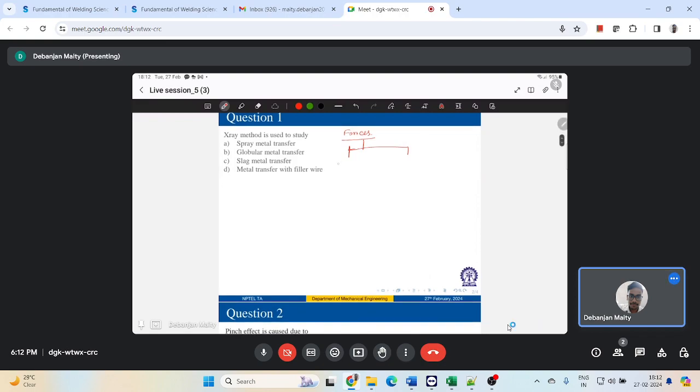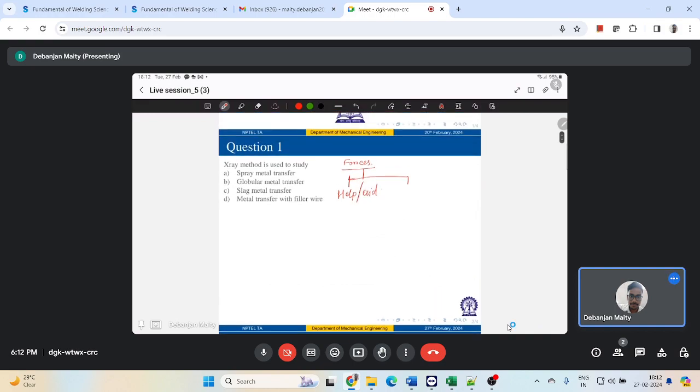One will help or aid the transfer force, and another is the retarding one. One will help you to drop the melt pool over your weld material, which will help you to transfer the deposition, and the other will retard those forces. So another is the retarding transfer force.